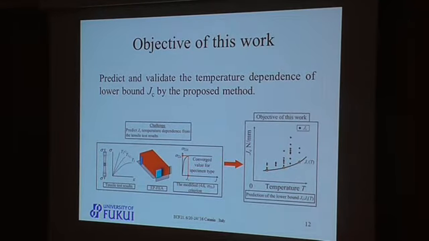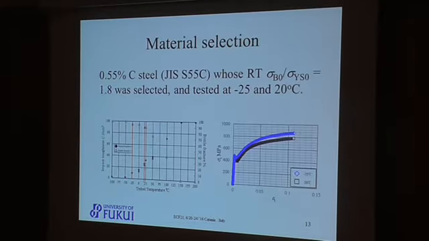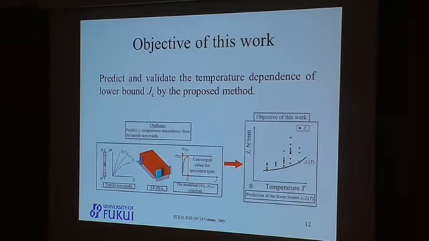Given these observations, we thought that the temperature dependency of the lower bound fracture toughness might be predicted by obtaining the minimum J that could satisfy sigma 2 to D equal to sigma 2 to C by calculating EPFEA with stress-strain relationships for the corresponding temperatures.